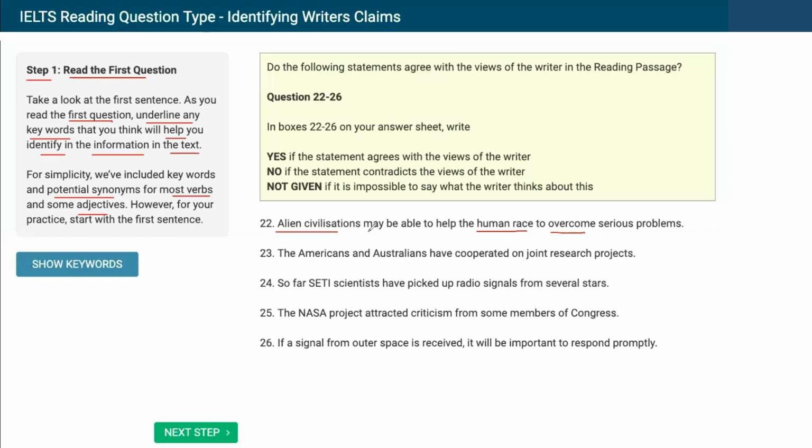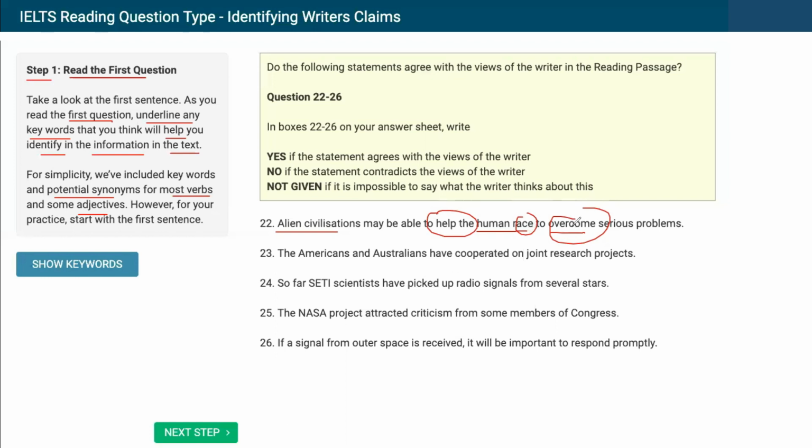Perhaps alien civilizations may be able to assist, maybe another word for help, assist the human population, perhaps not race, to conquer serious difficulties, okay? So I'm already thinking of some verbs. I would say assist instead of help, population, or conquer.